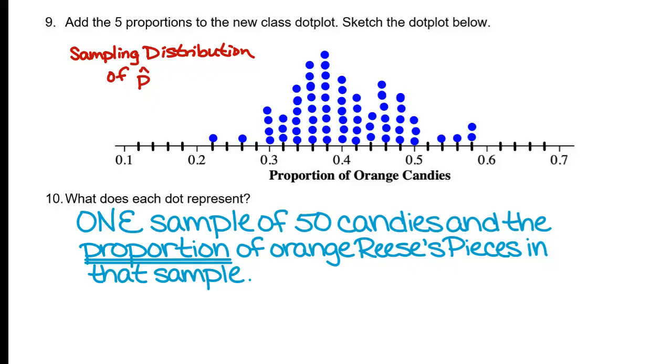What did you actually do? Because that's what you're going to write down. You took a sample of 50, and then you found the proportion. You turned it into a fraction by dividing by your total. And it was the fraction of orange, or the proportion of orange.